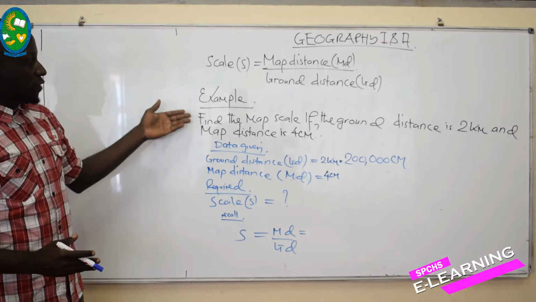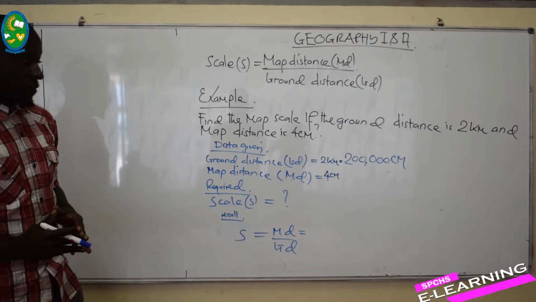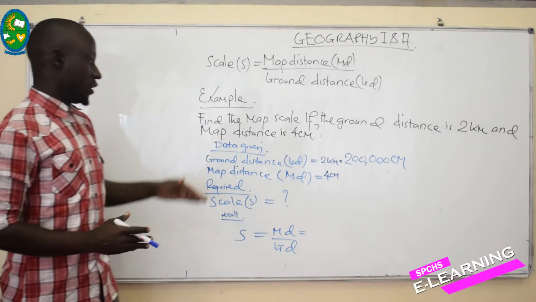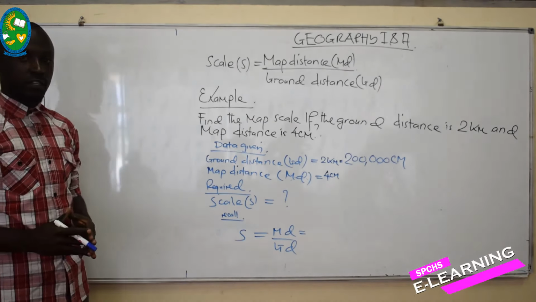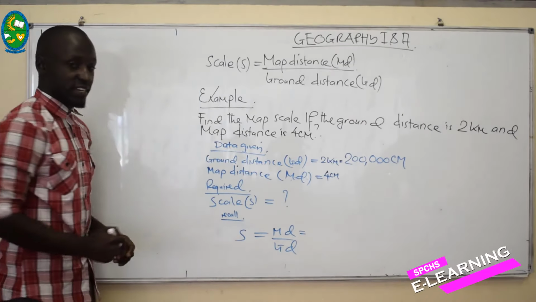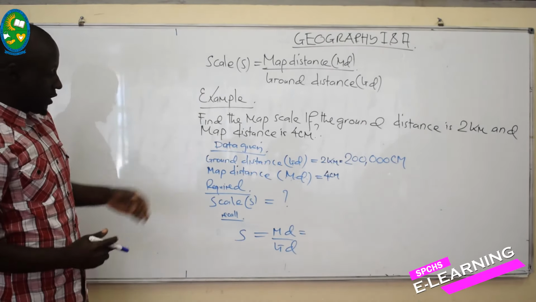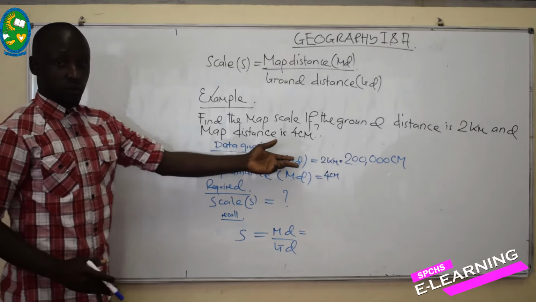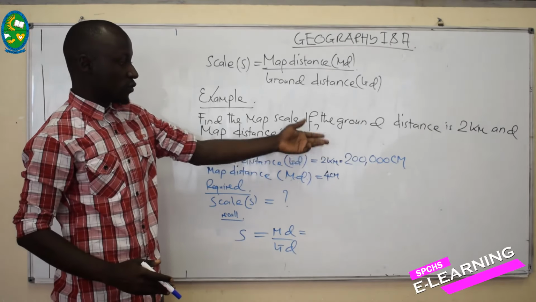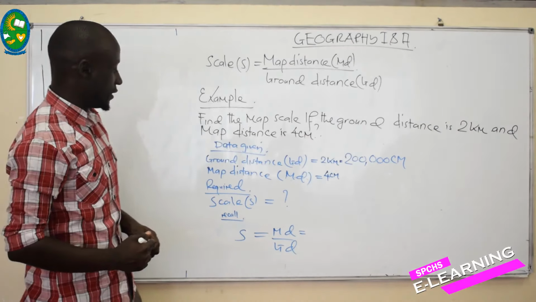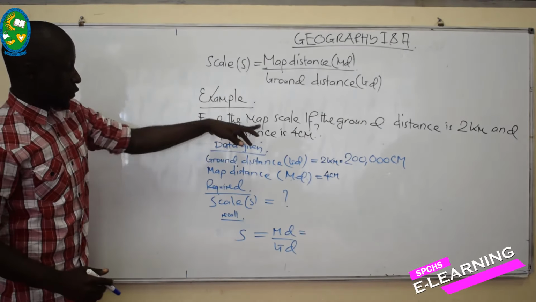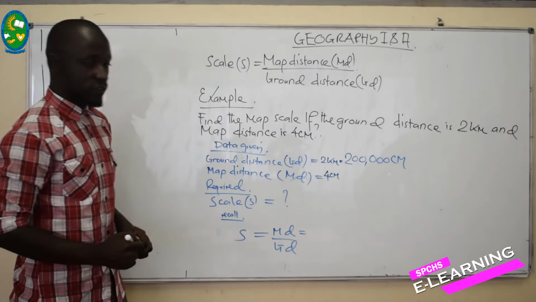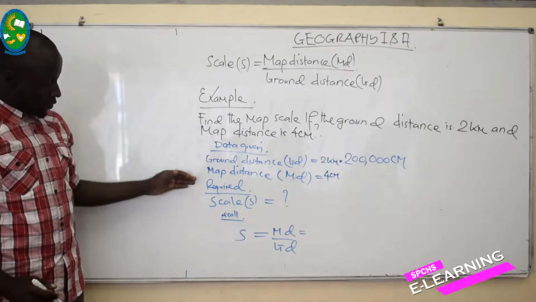For example, find the map scale if the ground distance is 2 kilometers and the map distance is 4 centimeters. Now, data given: ground distance equals 2 kilometers, which is equivalent to 200,000 centimeters, and map distance is 4 centimeters. Required is the scale.